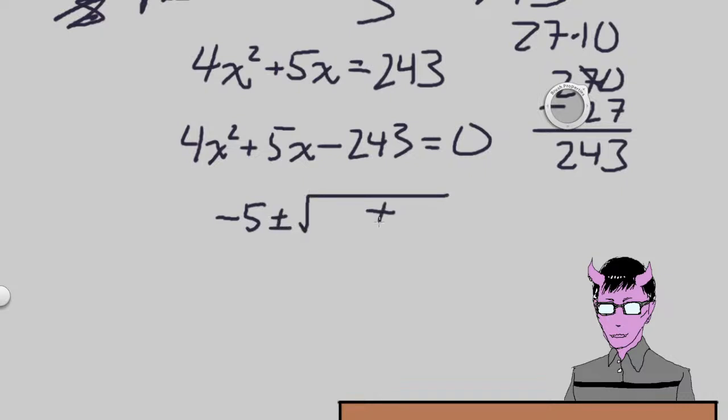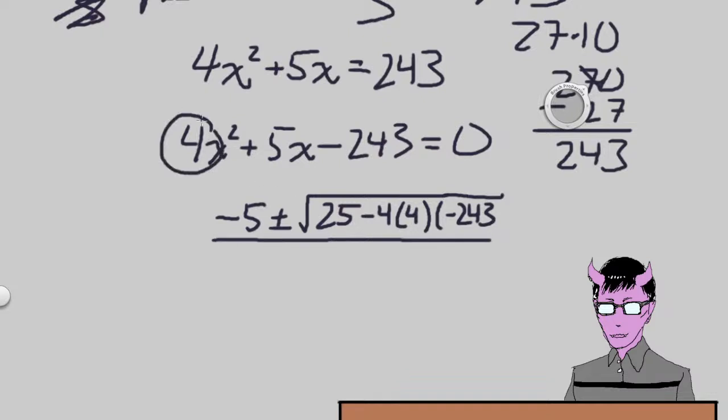Inside this thing right here, it's going to end up being positive. So it will be plus or minus the square root of b squared minus 4 times a times the c value. You will see that the negative signs will produce a positive, all over 2a. So x is equal to that whole nonsense.